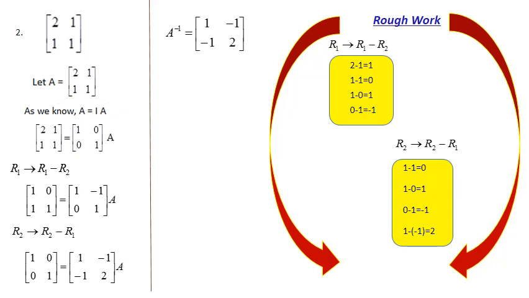So that particular matrix into A matrix is equal to 1 0 0 1, means if you multiply a matrix with some other matrix and you are getting an identity matrix, then that other matrix is called the inverse. So A inverse is equal to 1 minus 1 minus 1 2. Hope it is clear. Now we will move on to the third question, that is 1 3 2 7.